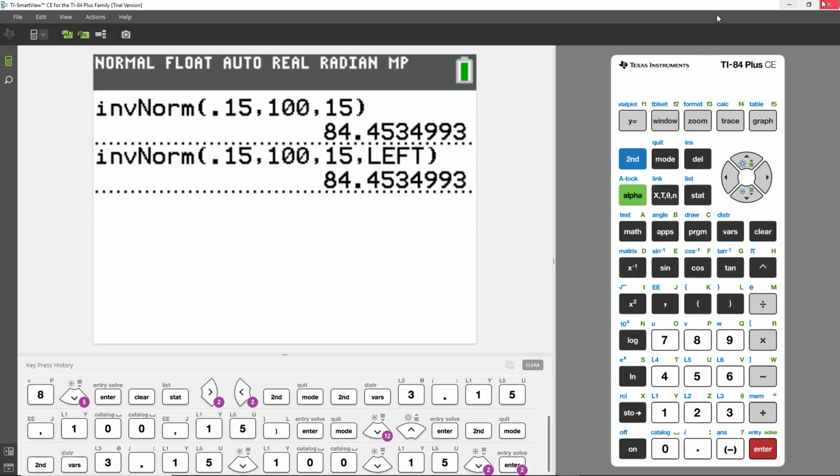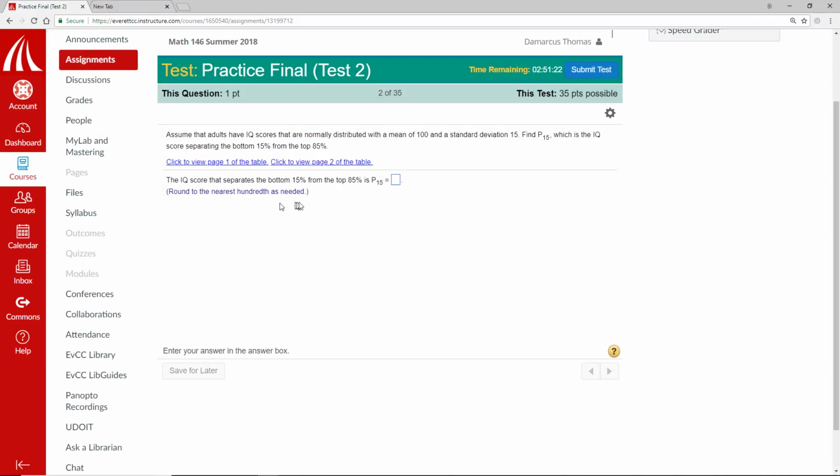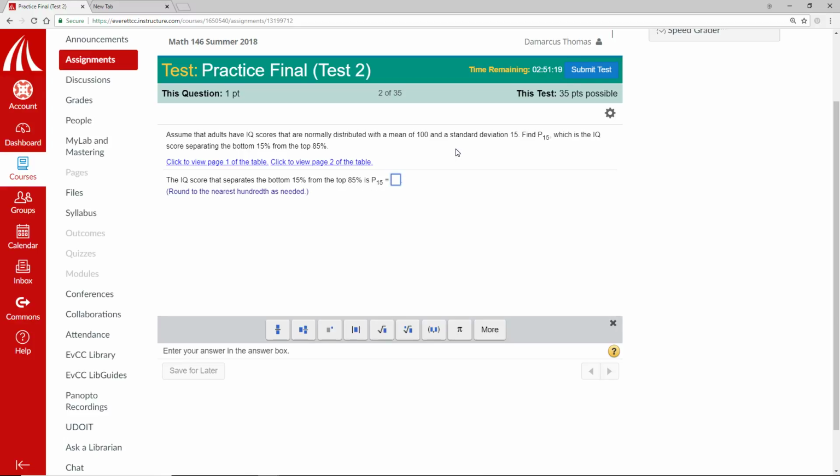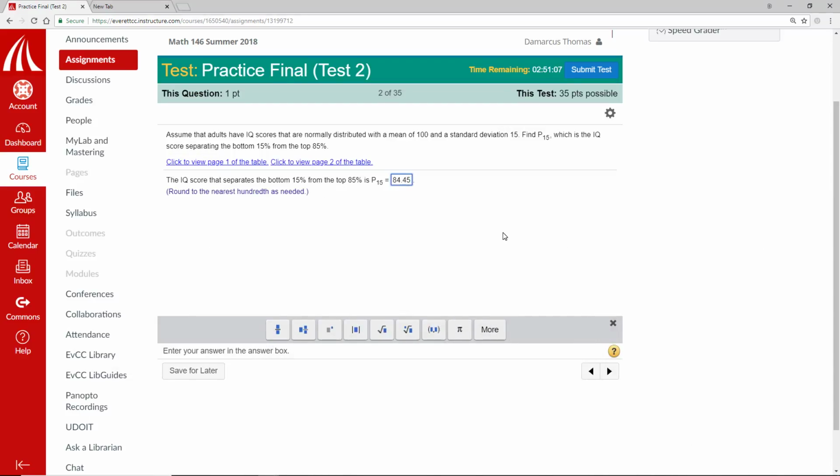I'm getting 84.45 in both cases. Well, I need to make sure I rounded it properly. 84.45, that is rounded good. All right. And they said to the nearest hundredth. Okay, good.